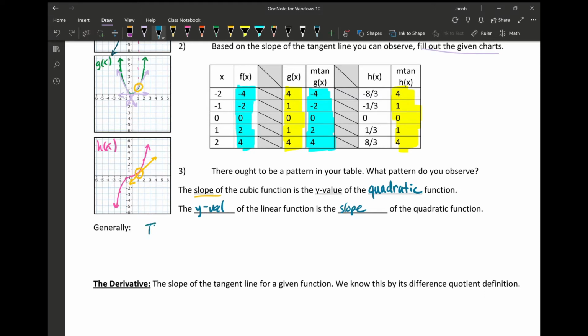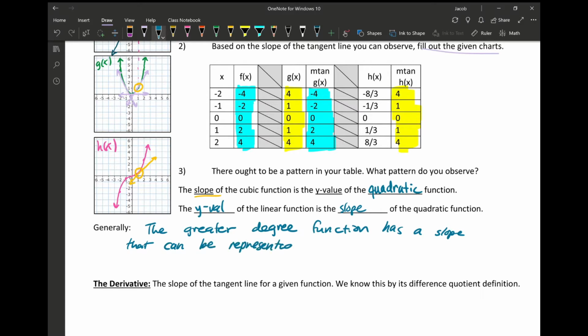So generally the greater degree function has a slope that can be represented by a function with one less degree.